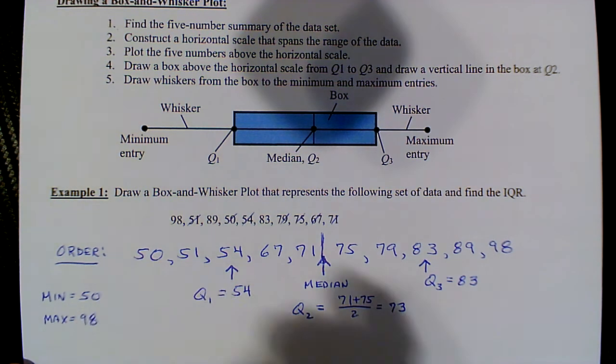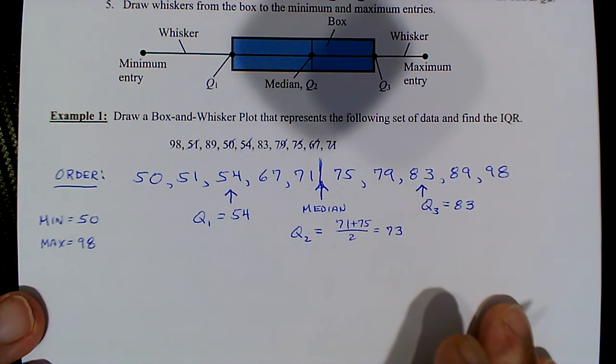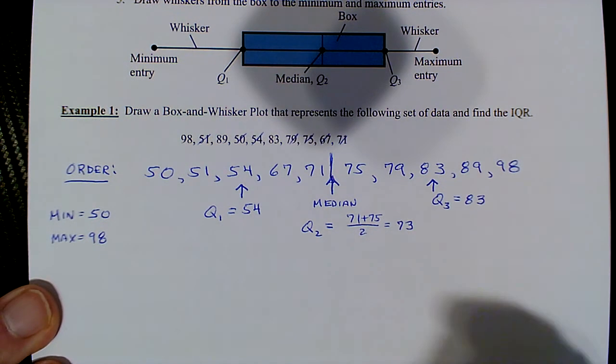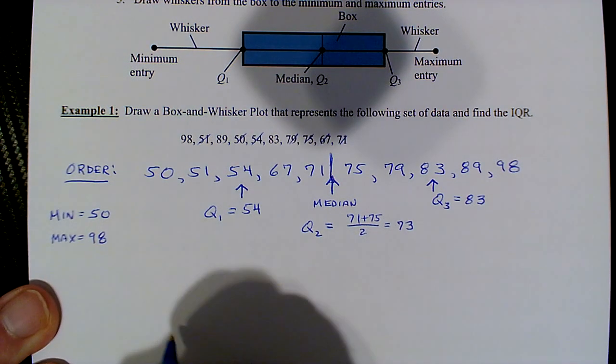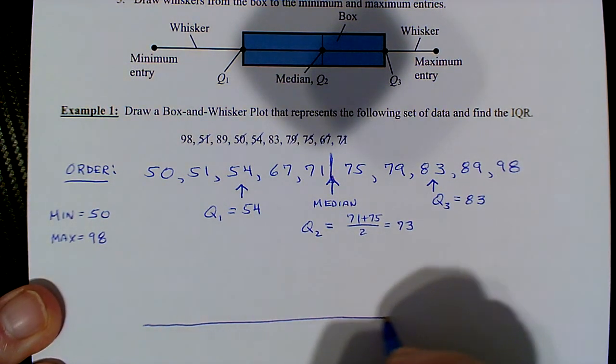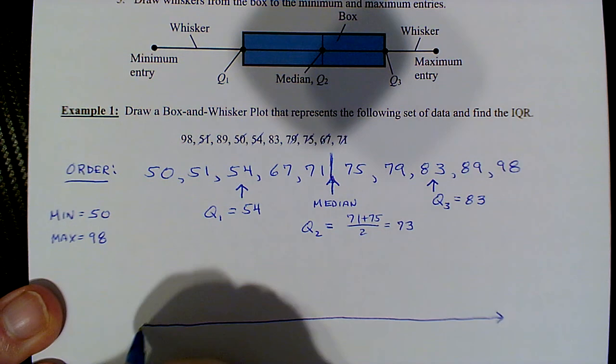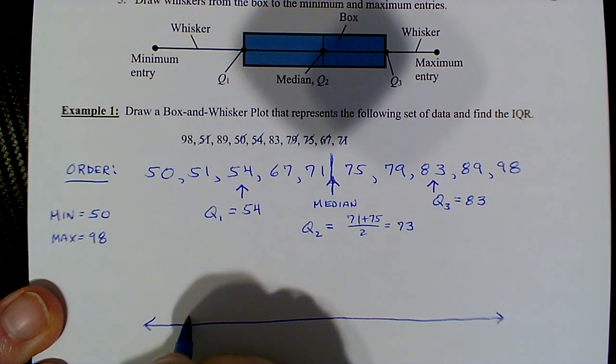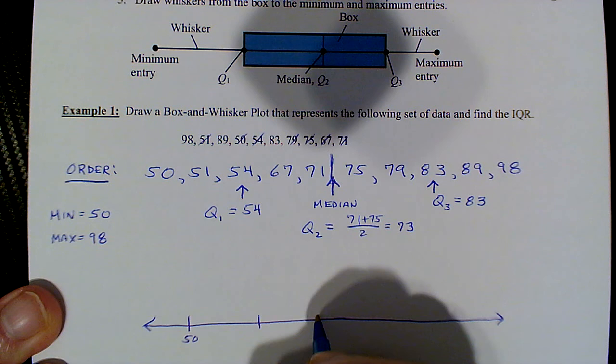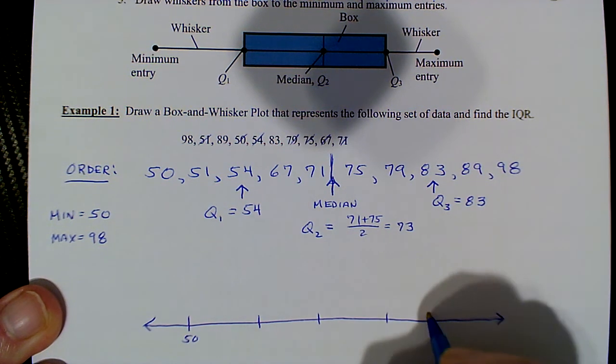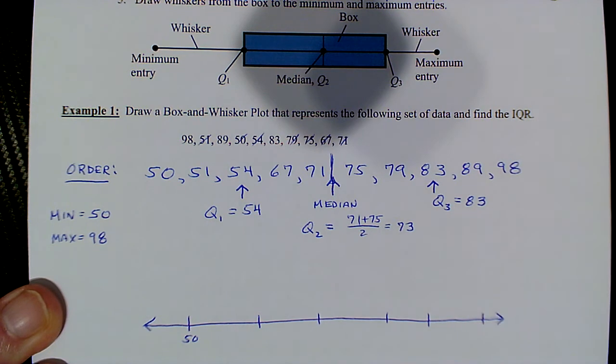And basically draw a number line. When I install the data, start at 50 is my low, so 60, 70, 80, 90, 100. You could use a straight edge and scale it, but rough sketch is fine as well.